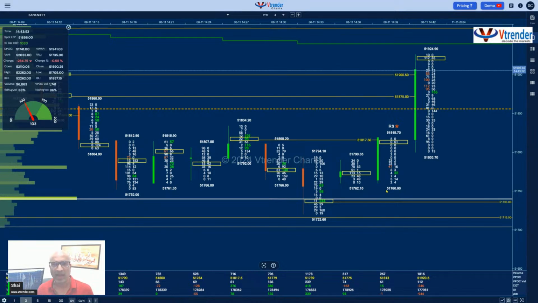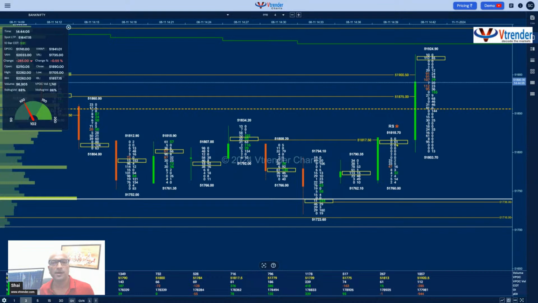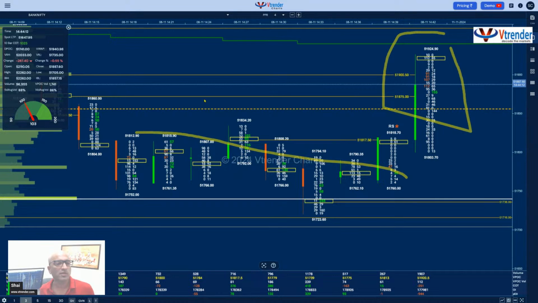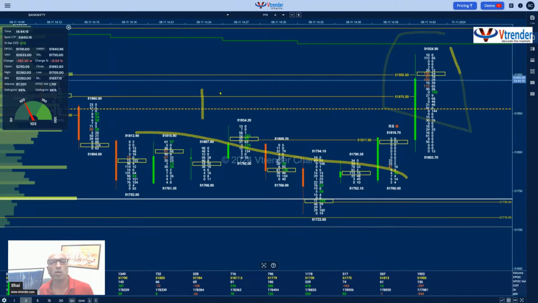But it all adds up to the same thing, that demand and supply move markets. So for example, let's say there is about 100 lots of buying and 100 lots of selling to the left side of this current bar. The market traded all day, and we are in this current bar, and on the left-hand side, as a sum of all this, there are about 100 lots buys and 100 lots sells.